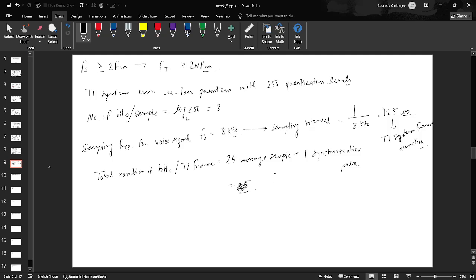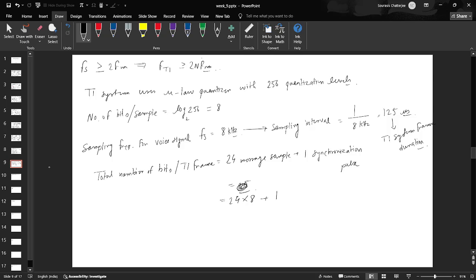Sorry, 24 message samples plus one synchronization pulse, right? That means how many bits for each sample? We have talked about 8 bits, so 24 times 8. The synchronization pulse doesn't require 8 bits. It's a 0-1 decision, so basically you just need 1 bit for it. Remember, the synchronization pulse doesn't require 8 bits because it is not passed through a quantizer.